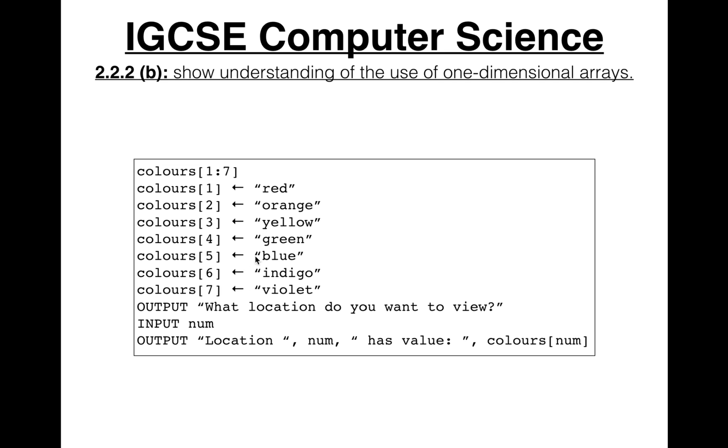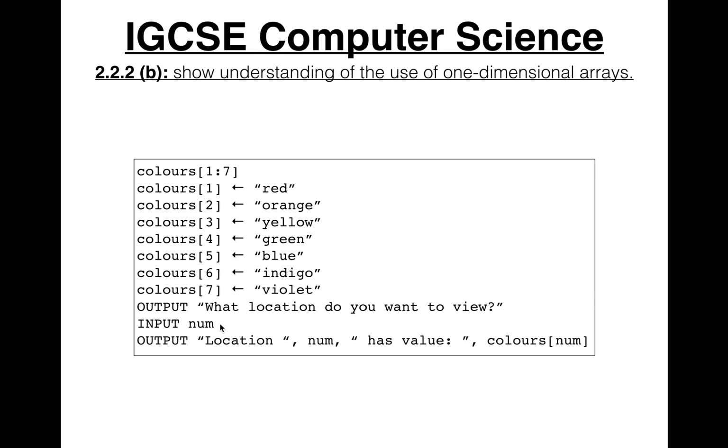array. So in this example, we have our colors array from the last video. Declare our array, assign the values for each location, and then we can say, okay, output, what location do you want to view? Input num, the number which they're going to view.